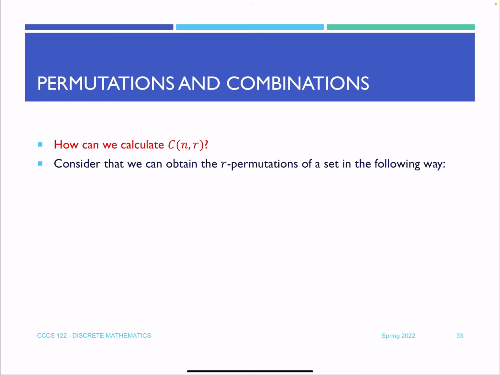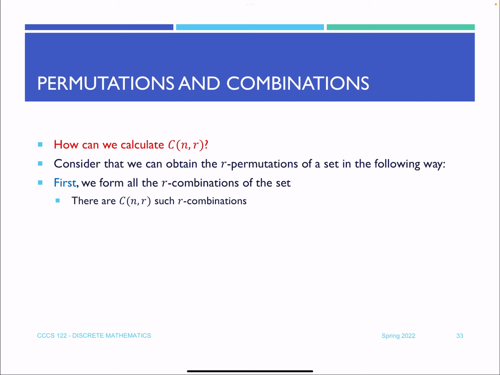So what we are still missing is some kind of closed form expression, some kind of formula for combinations. So how can we calculate C(n, r)? Consider that we can obtain the R permutations of a set in this way. First we form all the R combinations of the set. There are C(n, r) such R combinations.